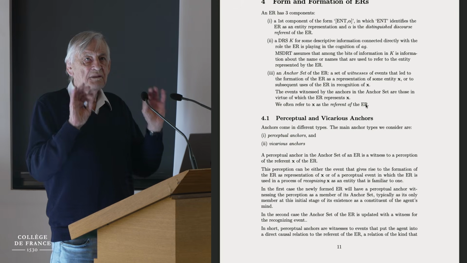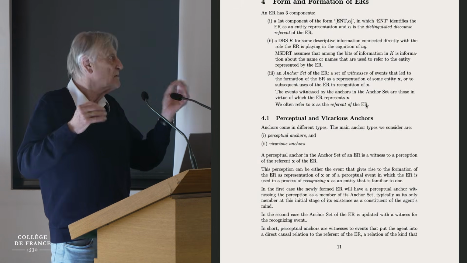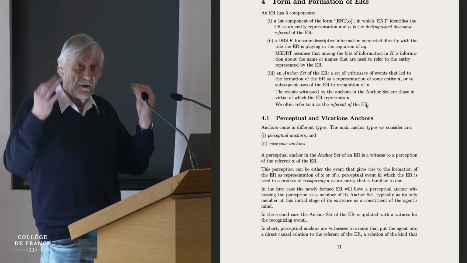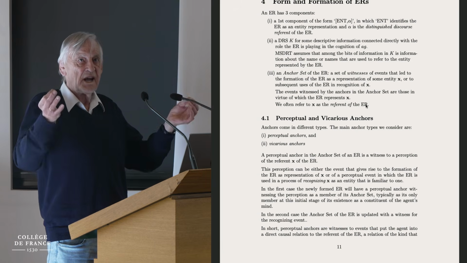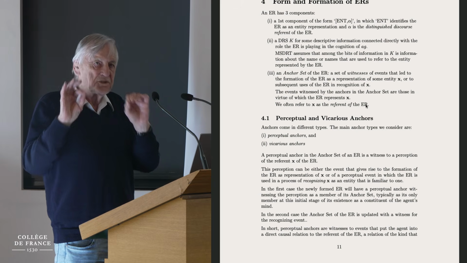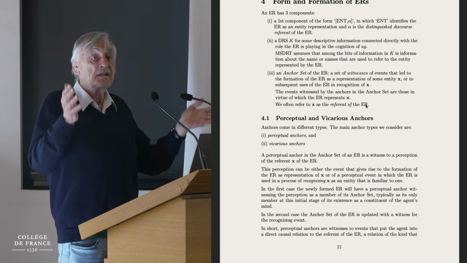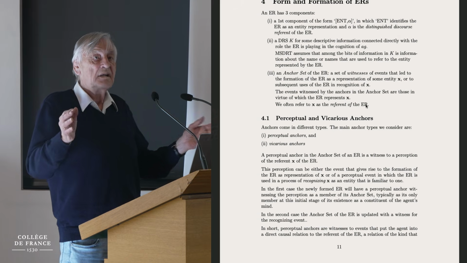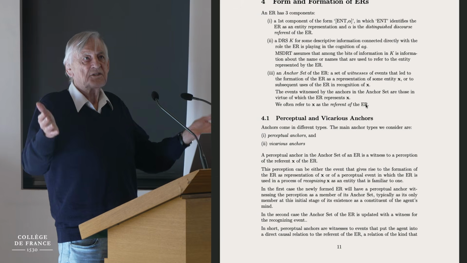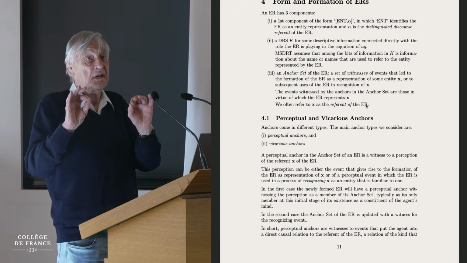So there are the perceptual anchors. Those are the witnesses of events in which the agent, until now I talked about the attributee in the first argument of et, but now I'll talk about the cognitive agent, the agent that has the ER, has observed or perceived the entity that is represented by the ER. So the typical situation is where you form as an agent a new ER for something that you see at that moment and see it for the first time.